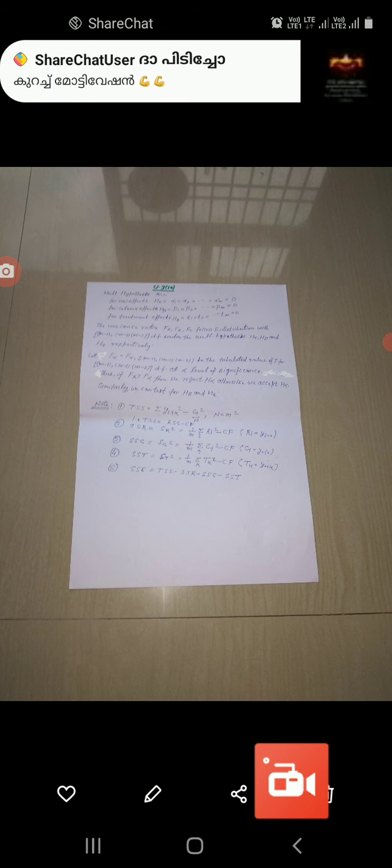Now we have F alpha, comma m minus 1 comma (m minus 1)(m minus 2), be the tabulated value of F for m minus 1 comma (m minus 1)(m minus 2) degrees of freedom at alpha level of significance.